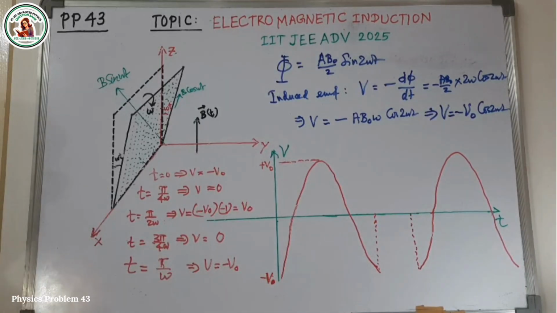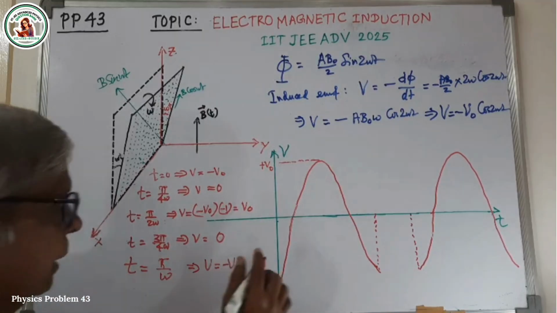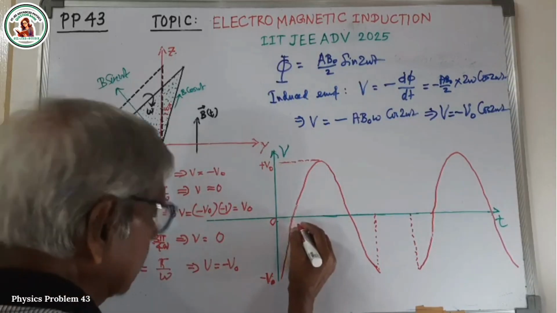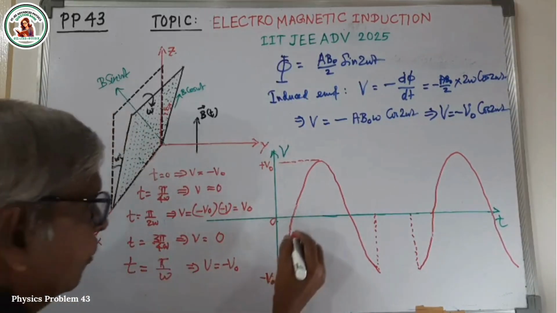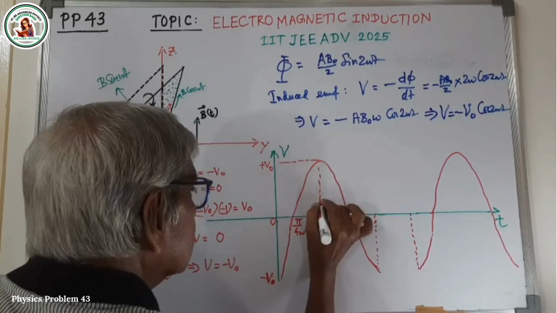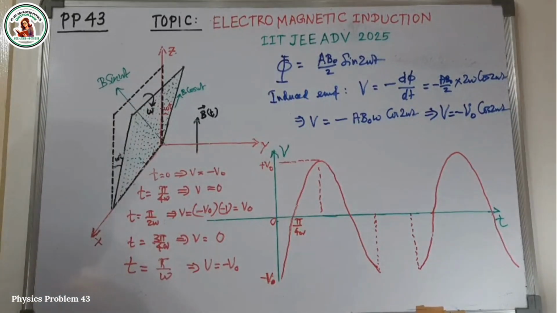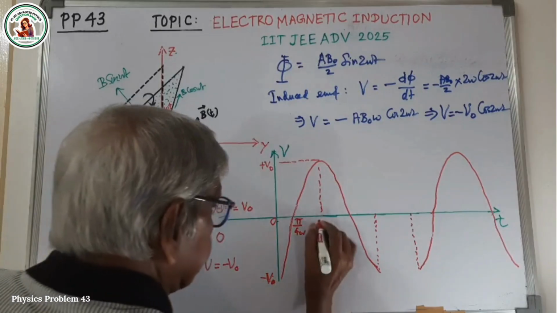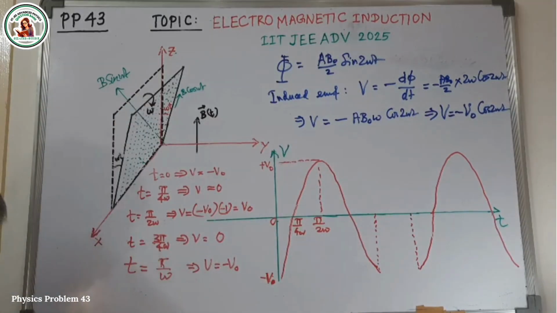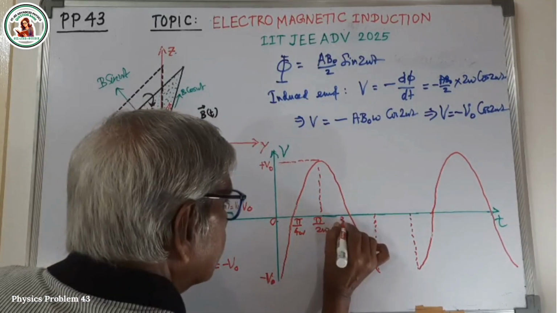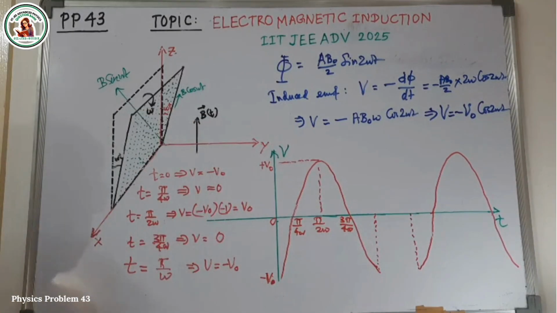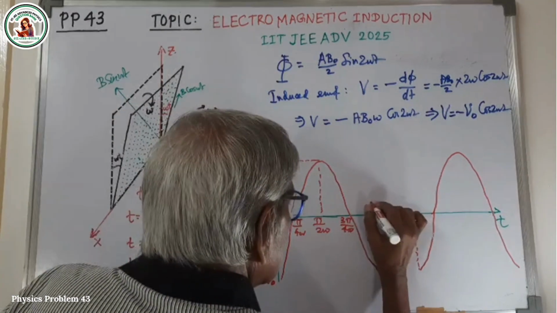If you see on the graph, this is t equal to 0. Then this is 4 pi by 4 omega, this is pi by 2 omega, then 3 pi by 4 omega here, then pi by omega here.